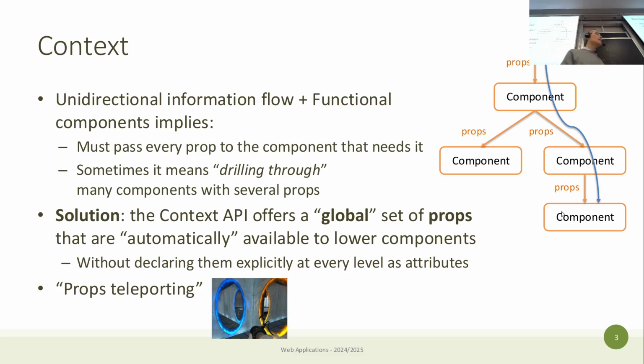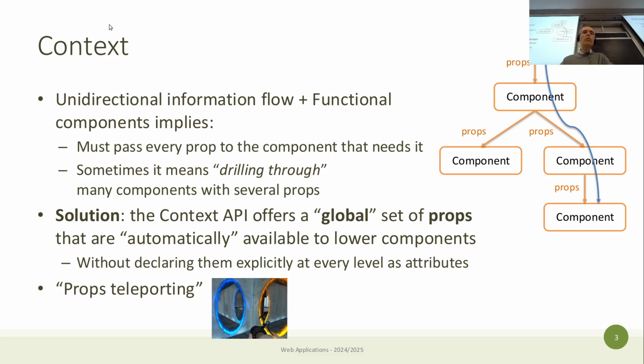And this is sometimes inconvenient because there is information that is needed in many components and that has to be stored in the root or almost in the root, and that is needed in the leaves of the tree. If you have no other way of passing information except props, you need to have attribute equal to prop and so on at every component, basically.